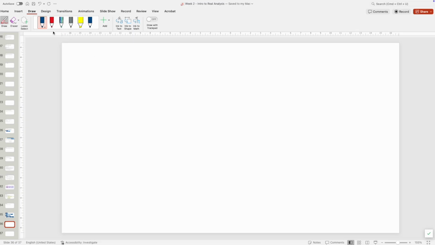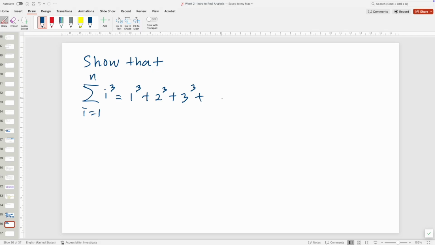Similar to this, but now prove or show that the sum from i = 1 until n of i cubed, which is 1 cubed plus 2 cubed plus 3 cubed and so on until n cubed, equals (n(n+1)/2) squared.